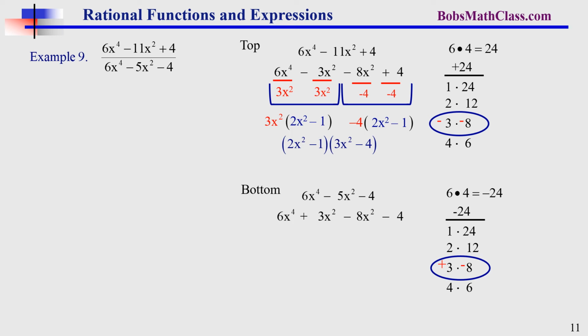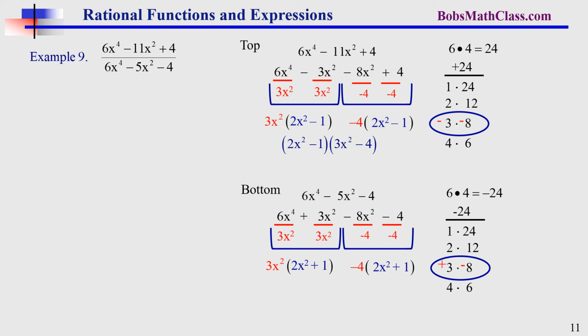Okay, same process. 3x squared from the first pair, negative 4 from the second pair. So this time it's a 2x squared plus 1 times 3x squared minus 4.